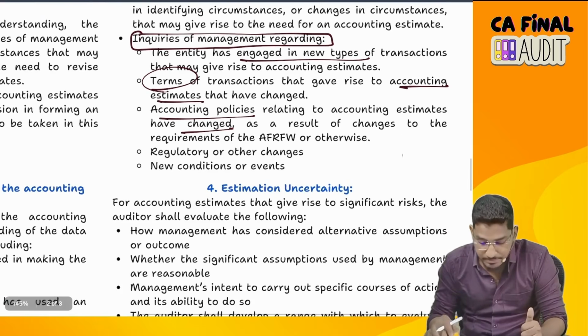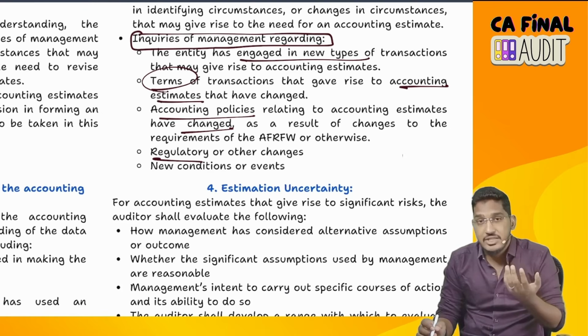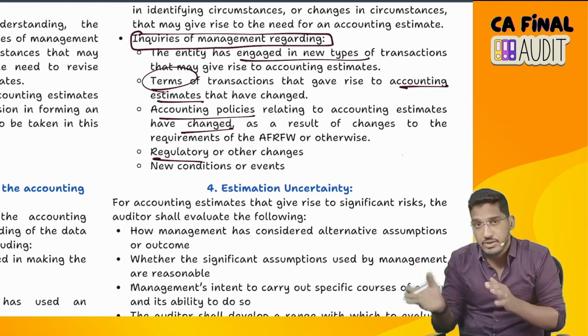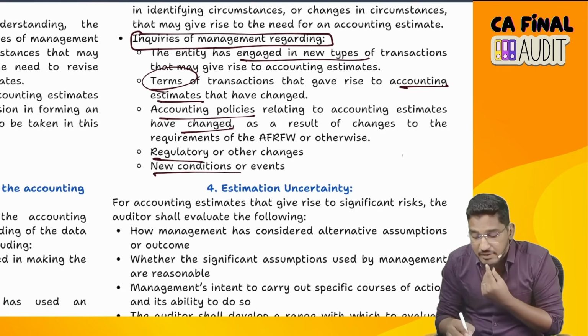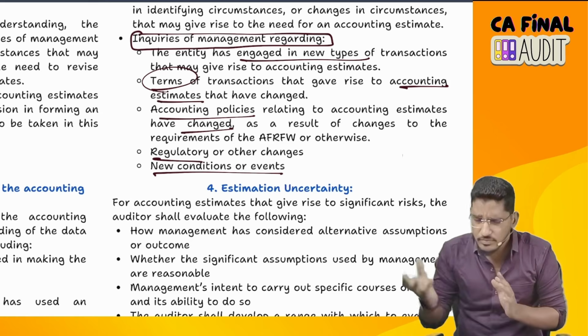And I need to understand regulatory or other changes: is there any change in law and regulation which has an impact on accounting estimates? I also inquire about new events or conditions that give rise to accounting estimates.